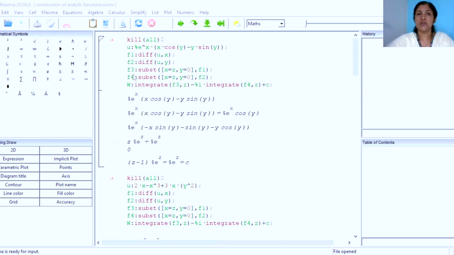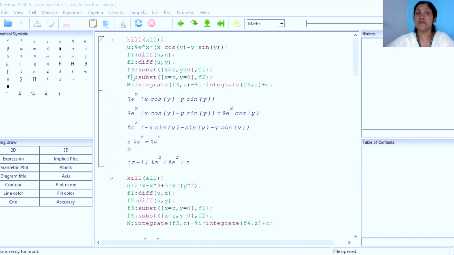Then what we do is we apply the Milne-Thomson method for F1 alone by substituting x is equal to z and y is equal to 0 in F1 and store it in F3. Then we substitute x is equal to z, y is equal to 0, the Milne-Thomson method, in F2 and store it in F4. So now forget about F1 and F2; in F3 and F4 we have removed the complication of integrating the integral with two variables.